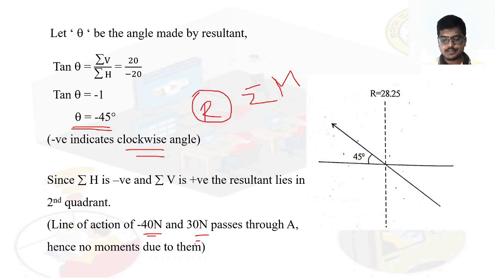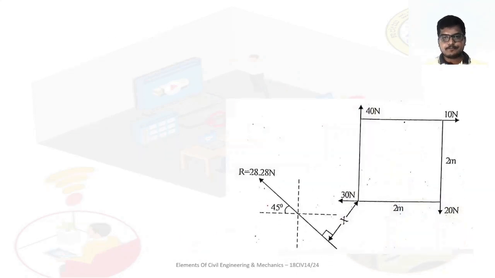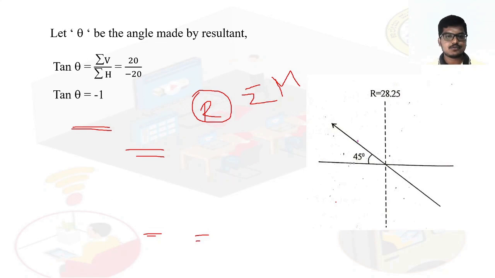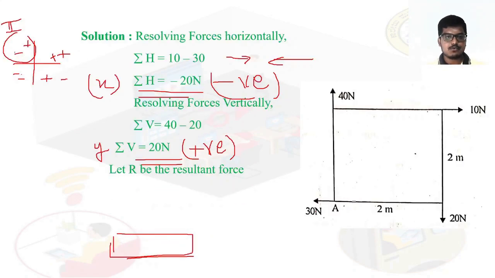I'll show you. See, this 30 Newton and this 40 Newton are at point A. They are starting from this point A. So that's why we can't take moment from the 30 Newton and 40 Newton. There will be no moment from them about A, because in the question they have asked us to find about A only.